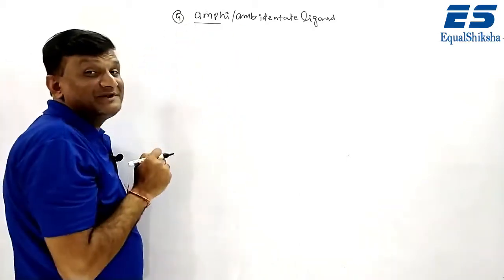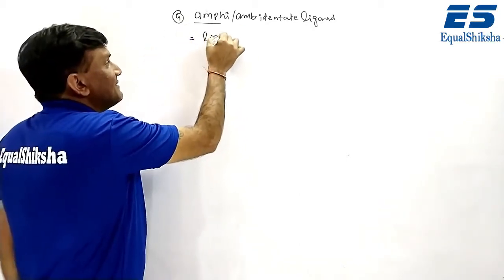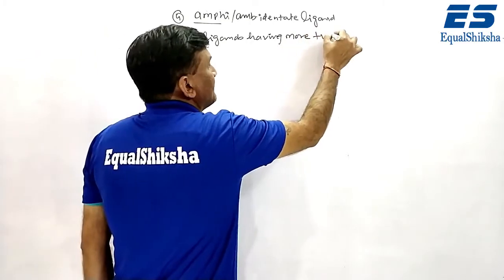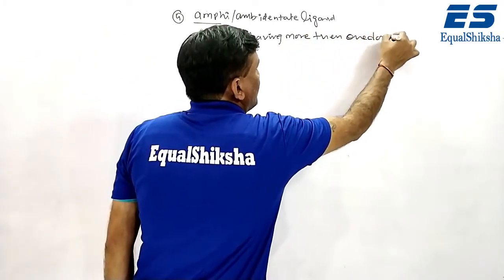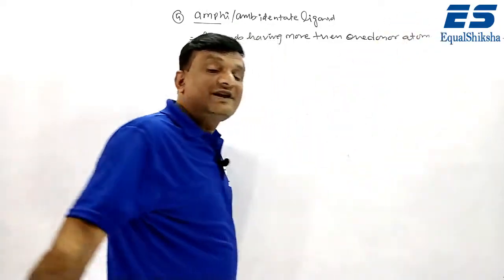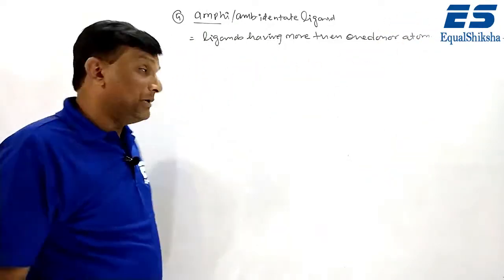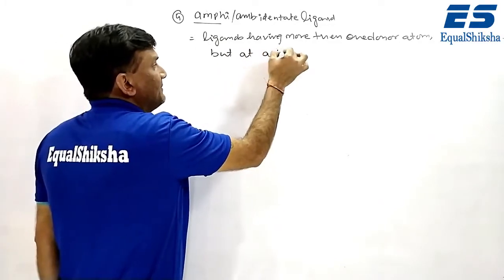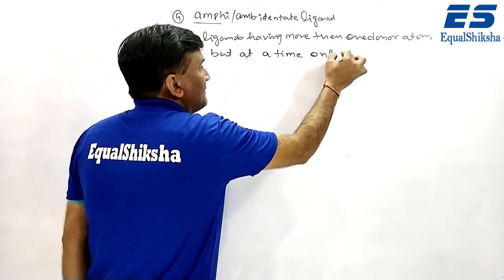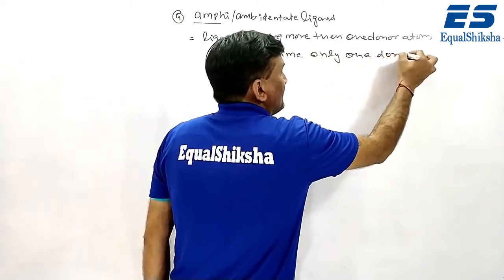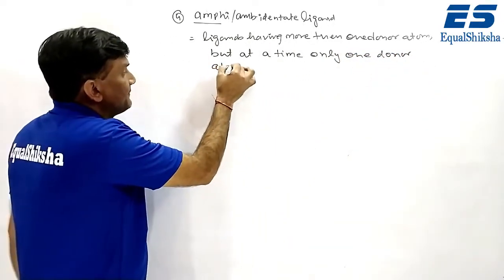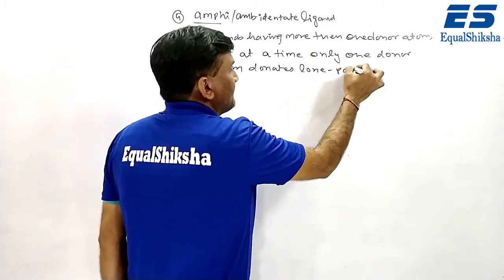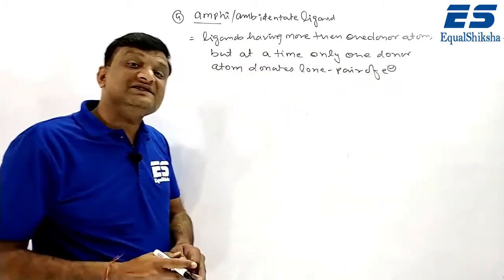Amphidentate or ambidentate ligand means those ligands which have more than one donor atom, but at a time only one donor atom donates a lone pair of electrons.